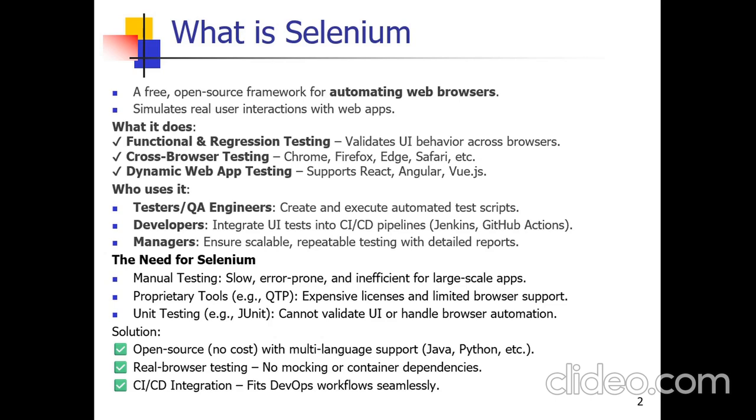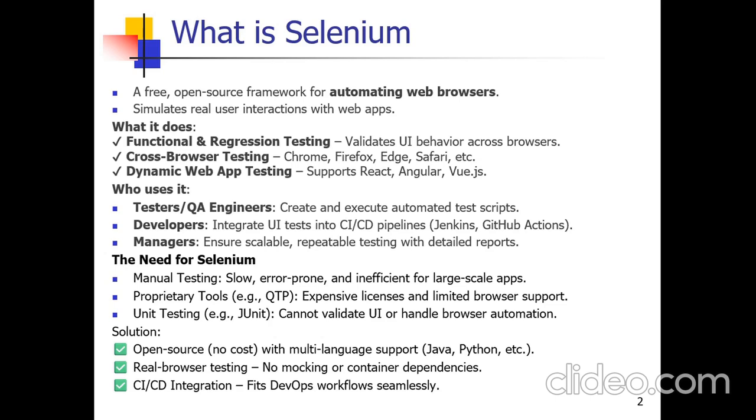So, why do we need Selenium? Manual testing is slow, error-prone, and inefficient for large-scale apps. Proprietary tools can be expensive and often lack flexibility. Unit testing can't validate user interfaces.